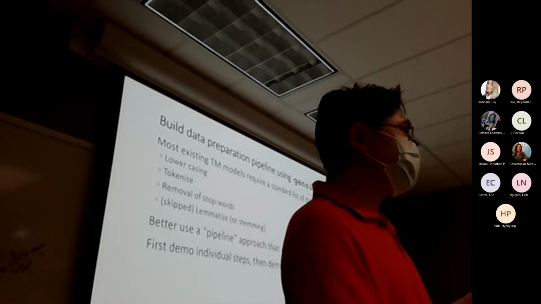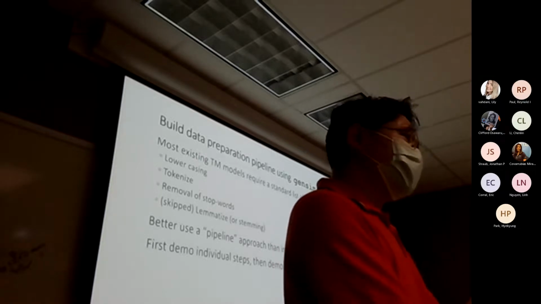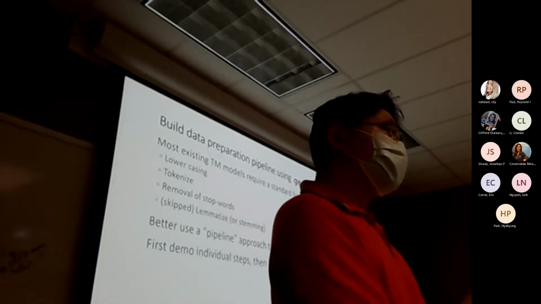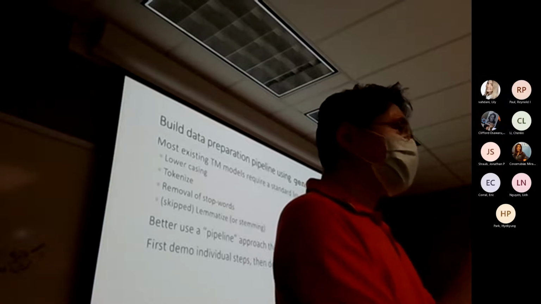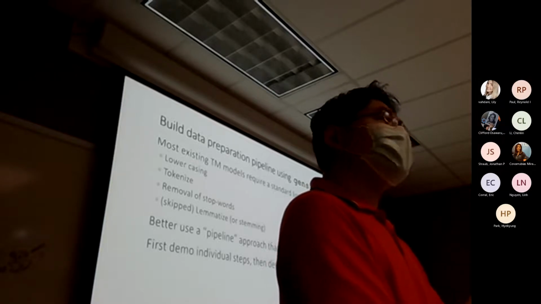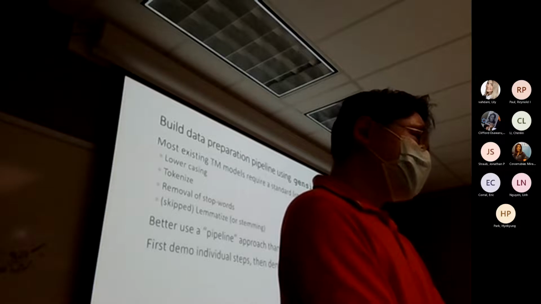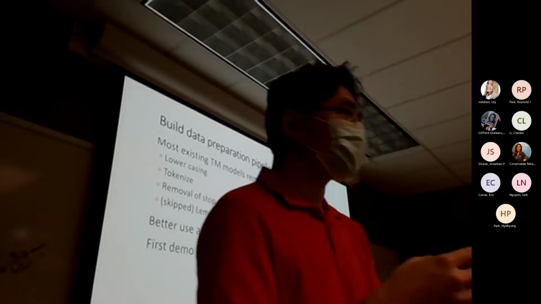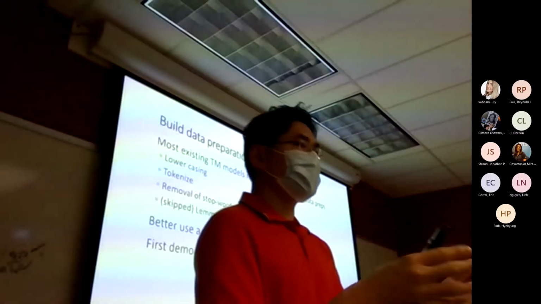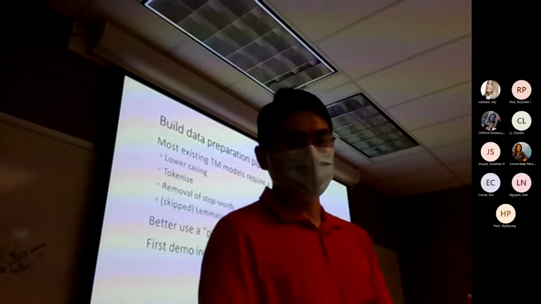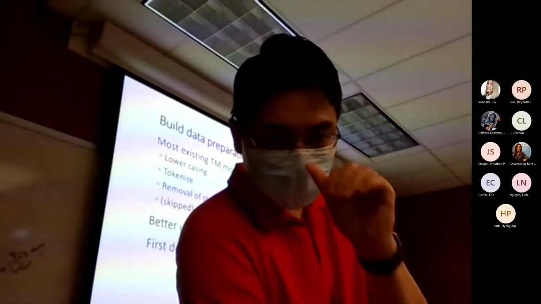And in the end, we'll put them in a pipeline, similar to the way we'll put together a pipeline for preprocessing the numeric data sets. So a pipeline makes it very easy to reuse the code on new projects and new data sets. So let's switch to the demo.